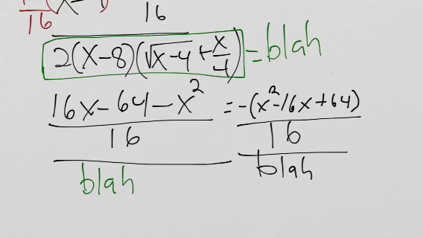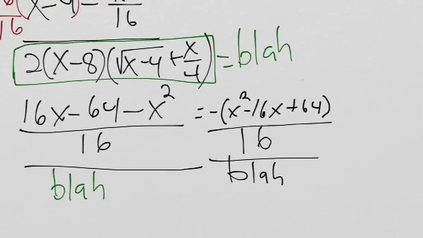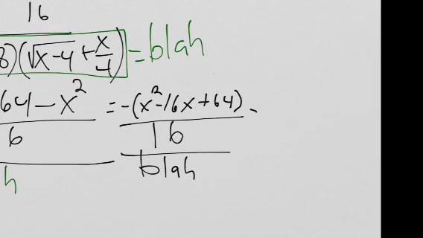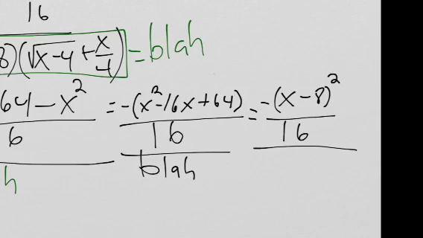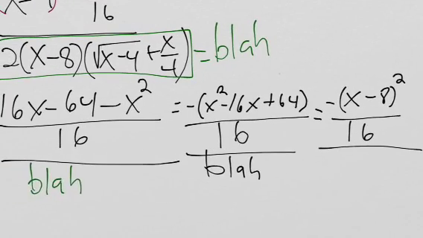Okay, so we're almost there. Now we just have to factor this top part, and we're going to put our blah back in because now we're going to find something to cancel. So I'm going to scroll over here. This is equal to negative x minus 8 squared, because this is a nice perfect square trinomial, which you all remember, I'm sure, over 16, over, okay, now we've got to put blah back in because we are canceling our x minus 8.